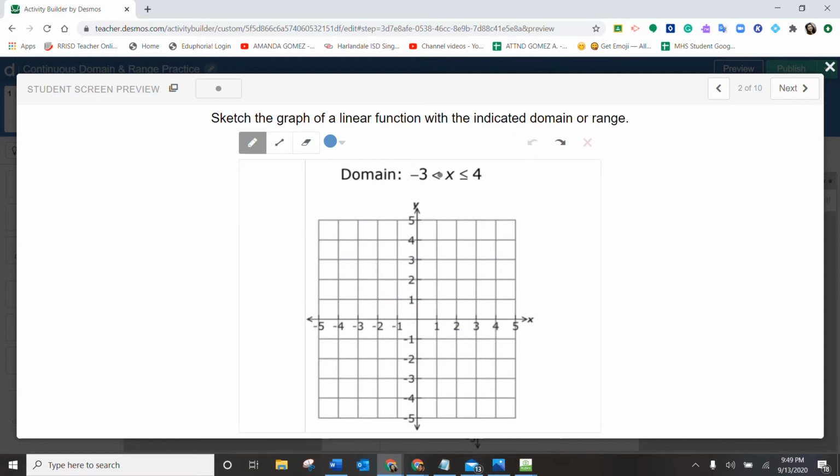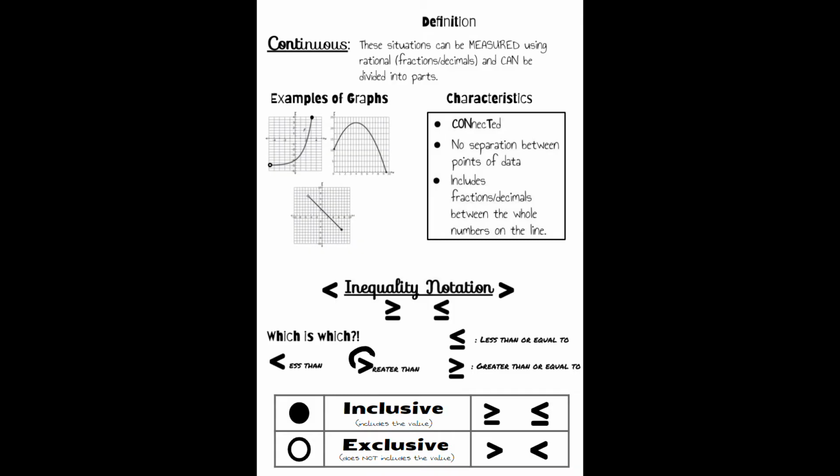So let's go ahead and actually begin, just like I had stated with this part right here. Here it's saying -3 is less than x. So let's actually recall the information I had stated earlier. Inclusive means to include. That's why we will use our less than or equal to sign. And exclusive means to exclude.